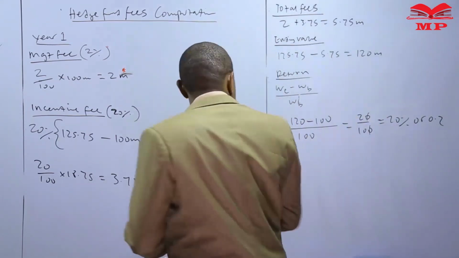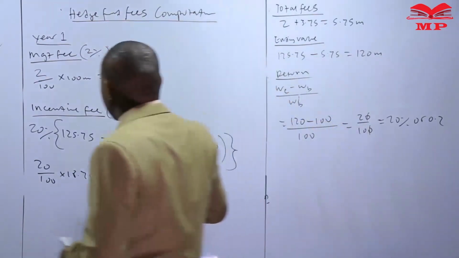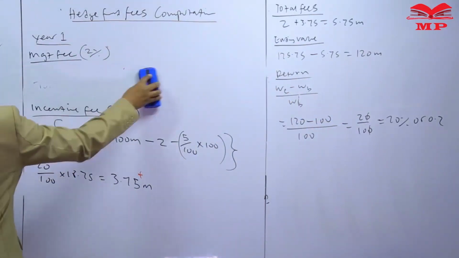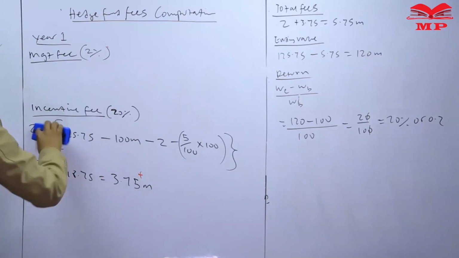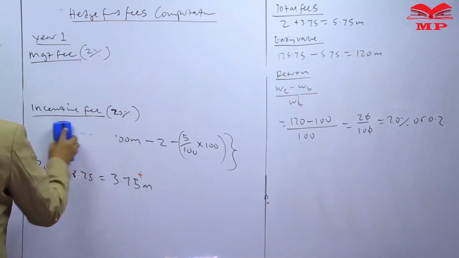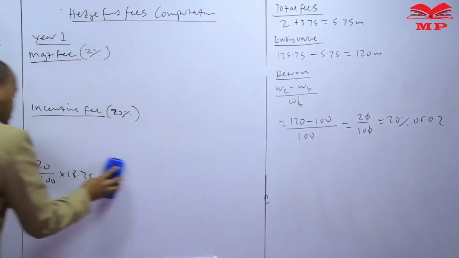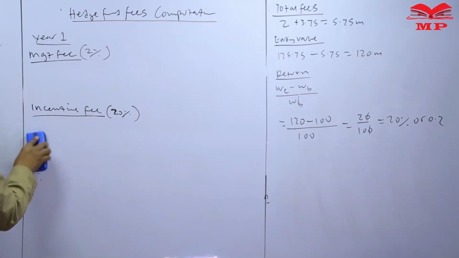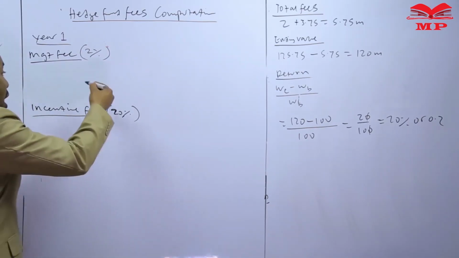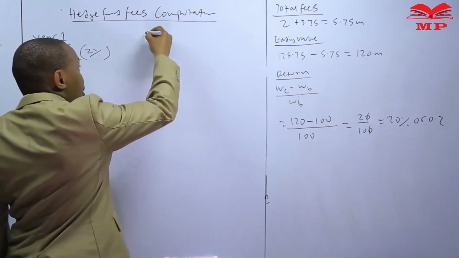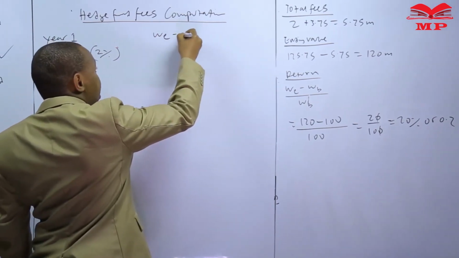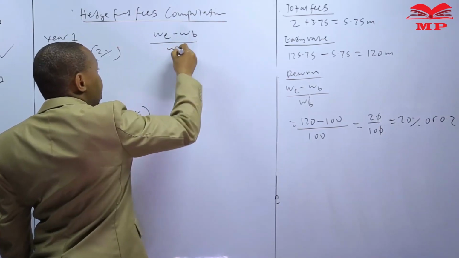Let's look at the end of the second year, this year. So I'll just wrap this part right here, and these computations right over here. So we recall, the wealth at the end minus wealth at the beginning over wealth at the beginning.